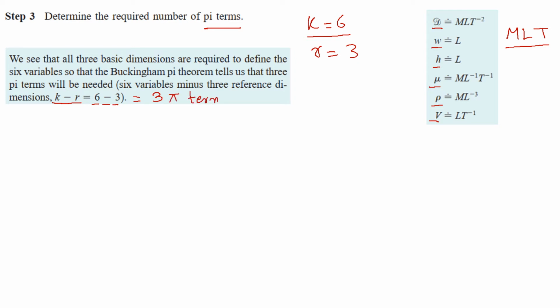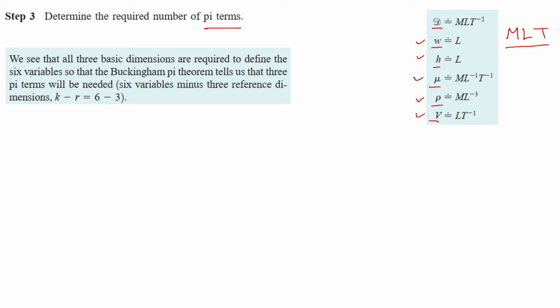For this particular example, to see the effect of these different variables on the drag force, I need 3 pi terms. And if you remember why we use the Buckingham Pi Theorem and what the purpose of dimensional analysis is, just to repeat: dimensional analysis is done to reduce the number of experiments and to form our dimensionless terms that will be used to see the effect of the variables on a particular dependent variable.